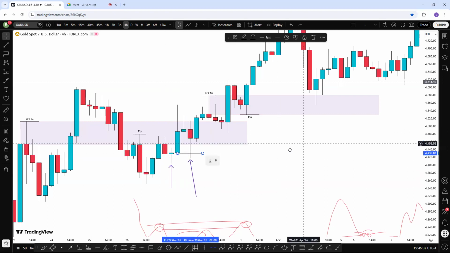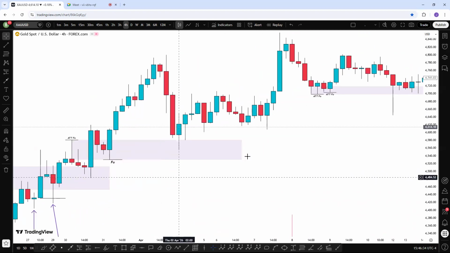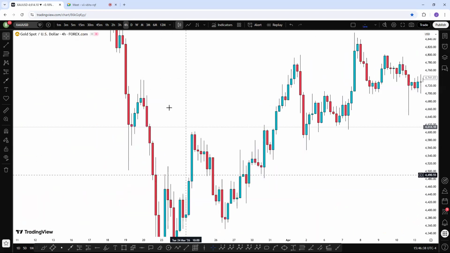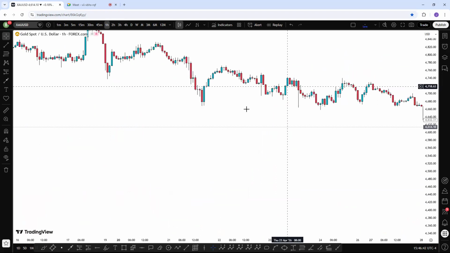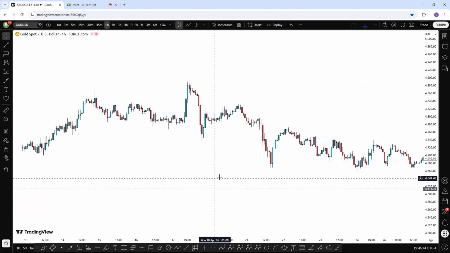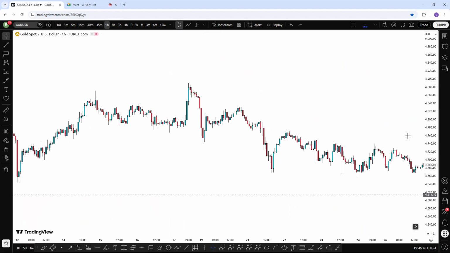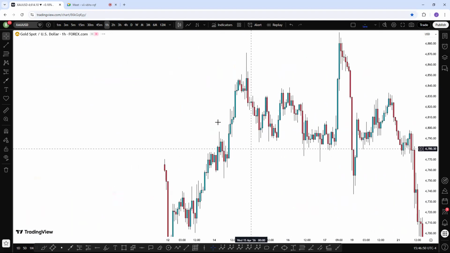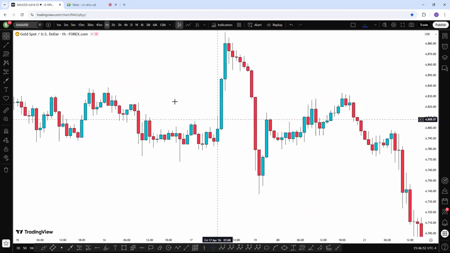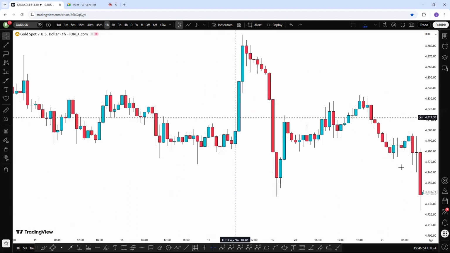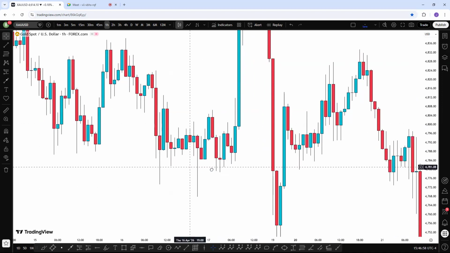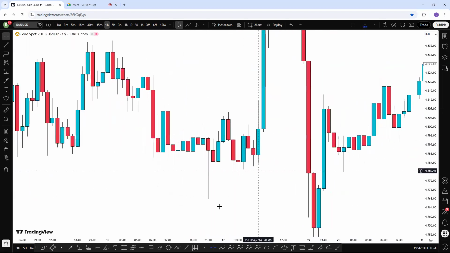Hope you can see that. You will see this regardless of the time frame you are using. Whether you use 1 hour or 4 hour, you are going to see that. For example, look at this area.